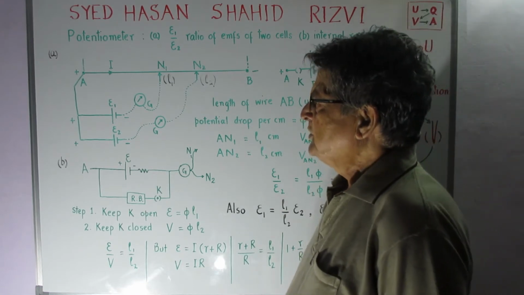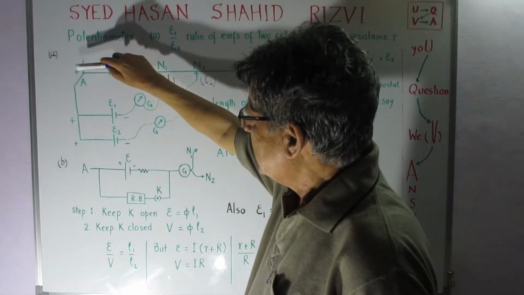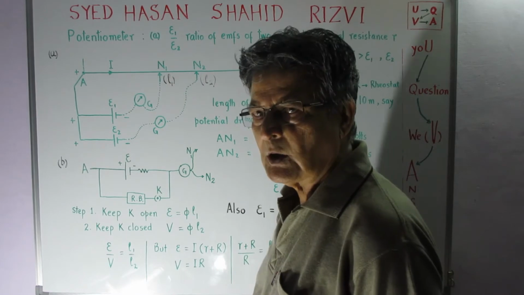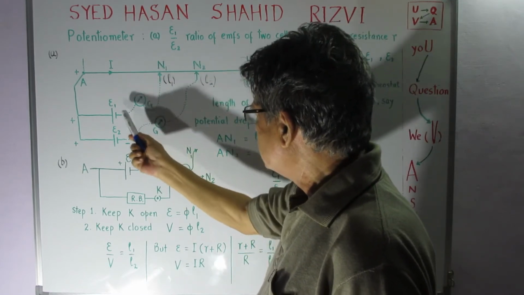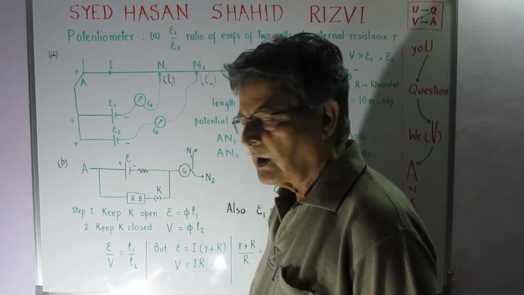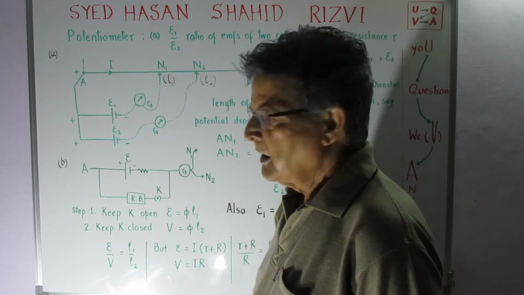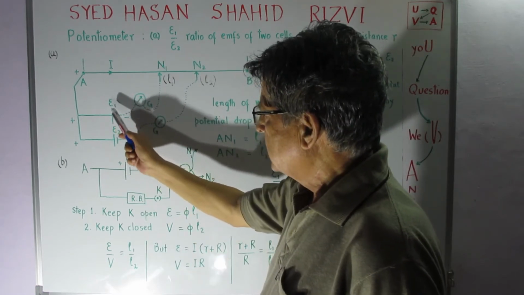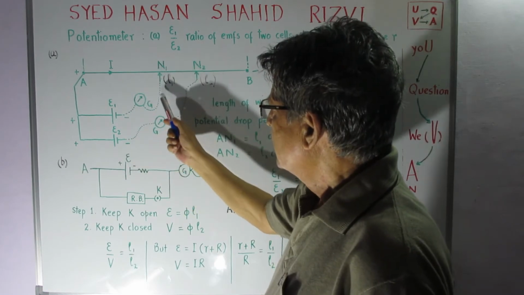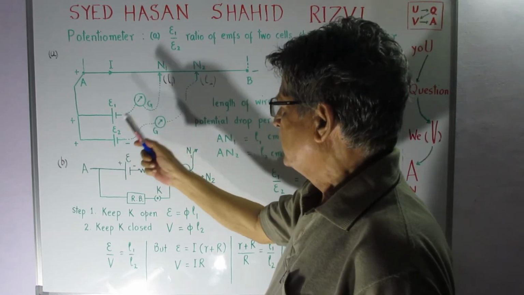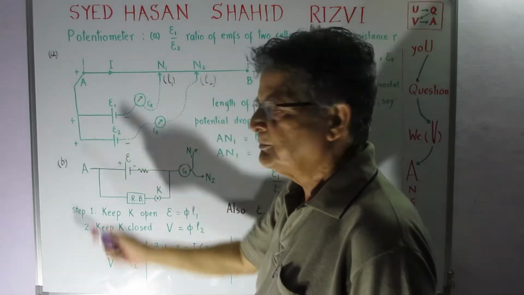Now look here, the principle is very simple. This is plus and this is also plus. Okay. And this is minus at N1 and this side also is minus. If the potential difference between A to N1 is equal to the EMF of the cell that is there, then there is no current which is passing through this part.